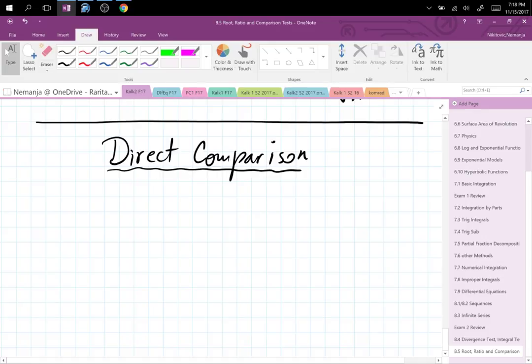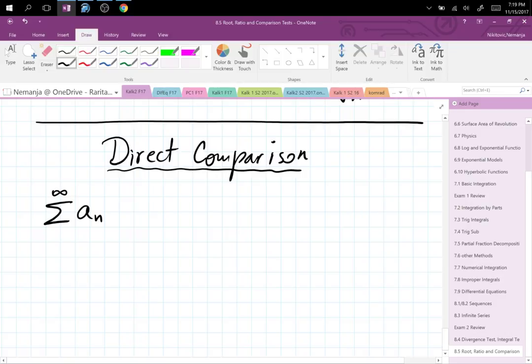So the idea is that you are trying to determine convergence or divergence of some series an, which is not particularly friendly: it's not telescoping, it's not geometric, it's not ratio, it's not root, it's not integral.